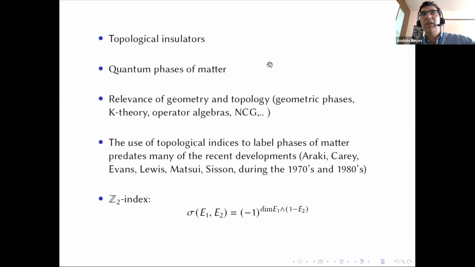And then during that time, the topological insulators became very popular. So I started digging the literature and trying to find what could be done. And then around 2014, I found works by Araki, by David Evans, who is here, and other people like John Lewis, Matsui.